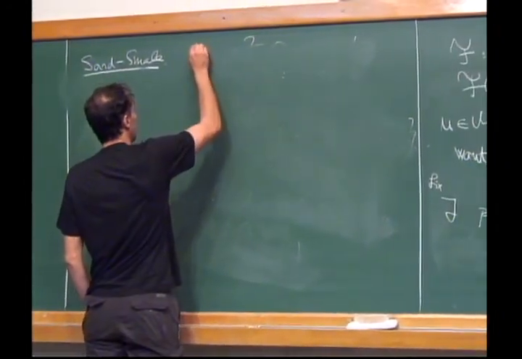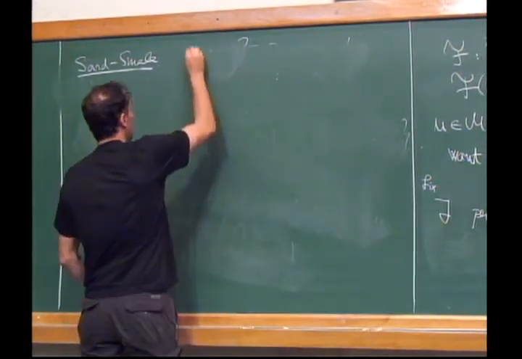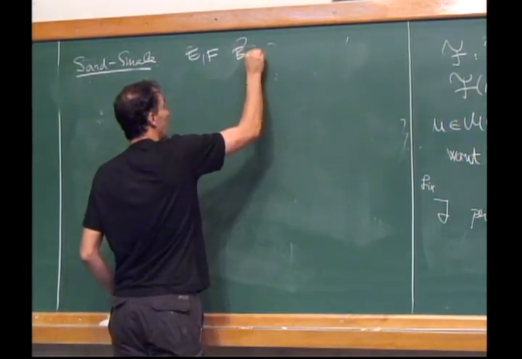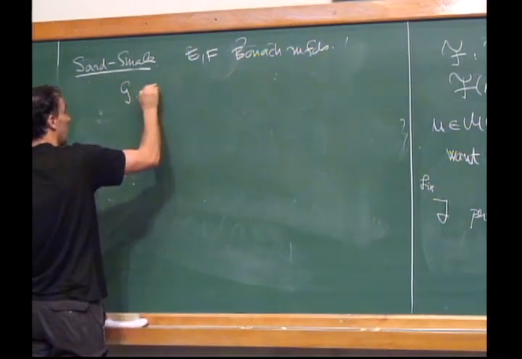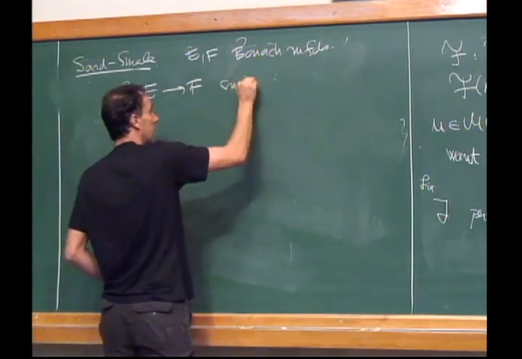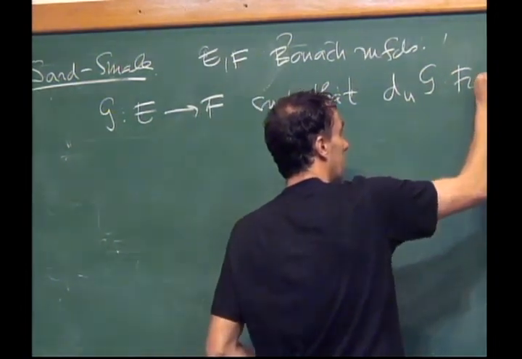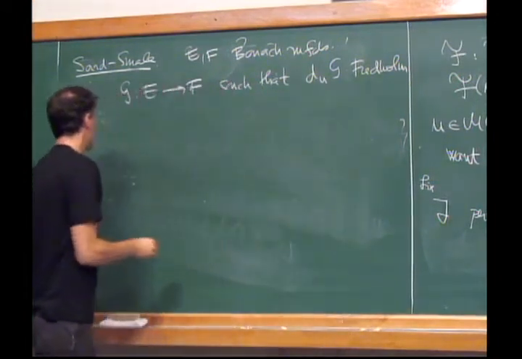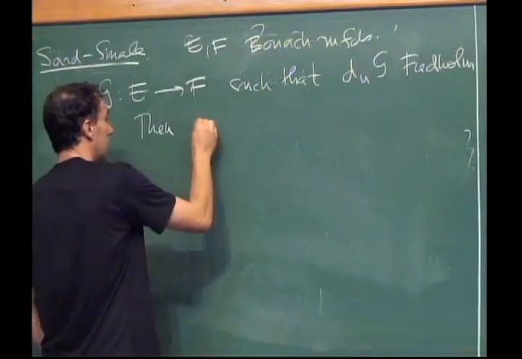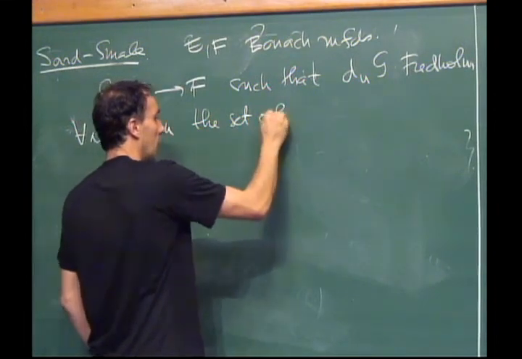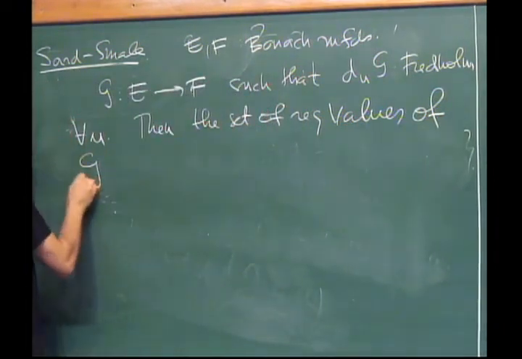Let E and F be Banach manifolds, and G from E to F such that D U G is Fredholm for any U, then the set of regular values of G is open and dense.